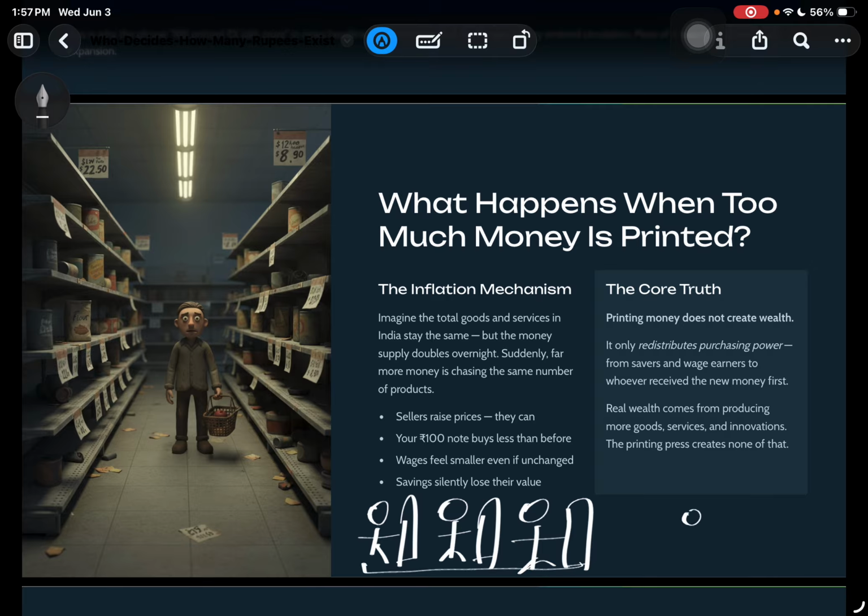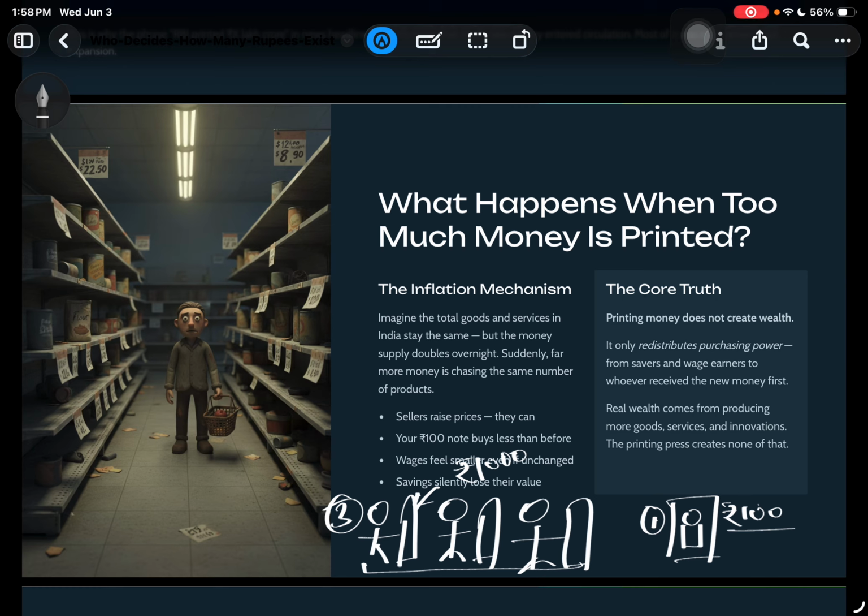Everybody needs to buy this particular water bottle. So it is, let's say, worth 100 rupees. Now there is only one bottle and three customers. What will happen? This person would say, I am ready to give 1,000 rupees for this particular bottle, because he's printing his own money.